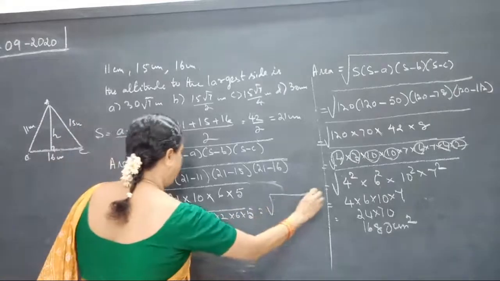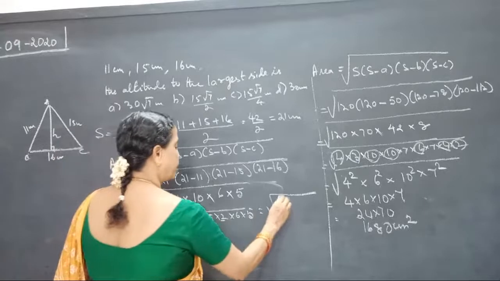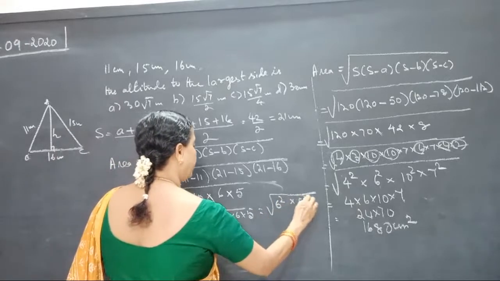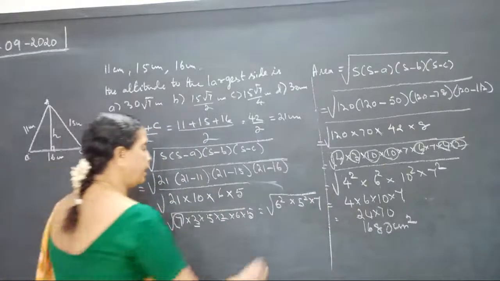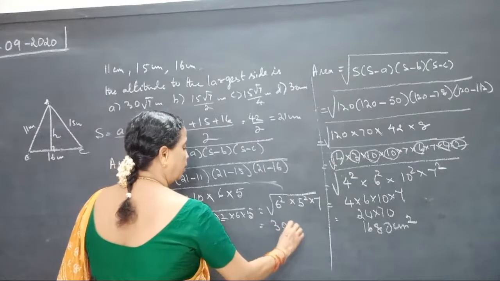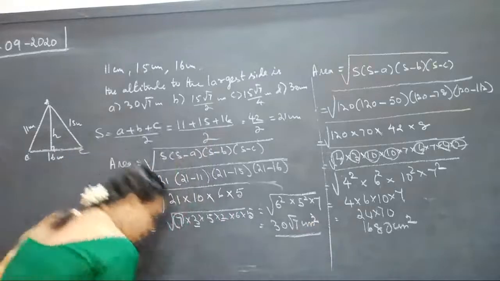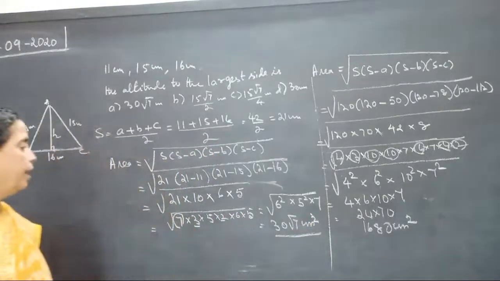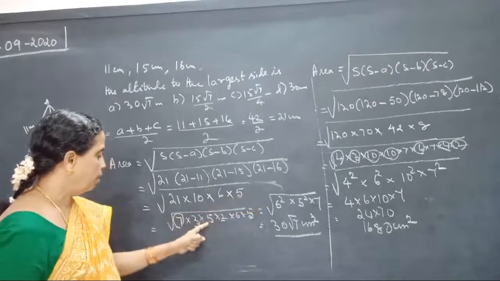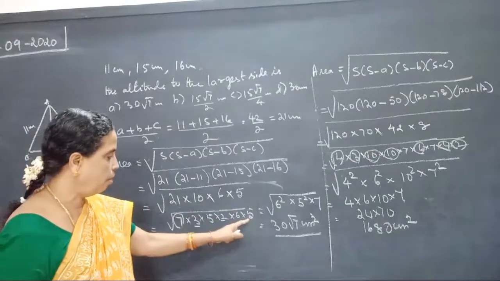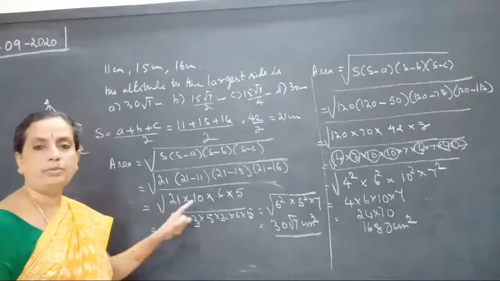Only 7 is unpaired; 3 into 3, so you will get 6 square into 5 square, and 7 is the unpaired number. So we write its answer, area 30 root 7 centimeter square. After taking out the pairs, 3 2s are 6 and 6 as 6 square. These two 5s are a pair, 5 into 5, so we take it as 5 square and into 7.